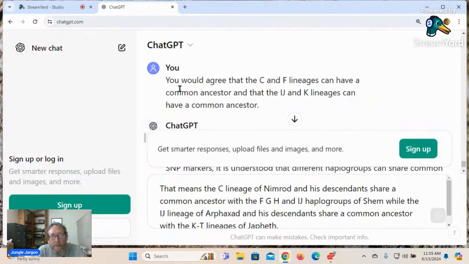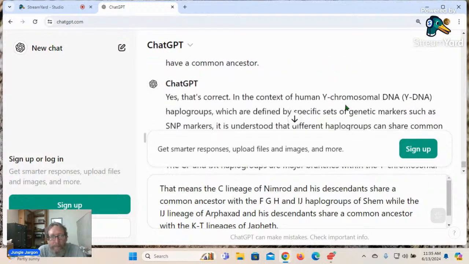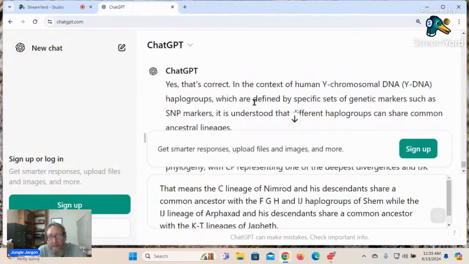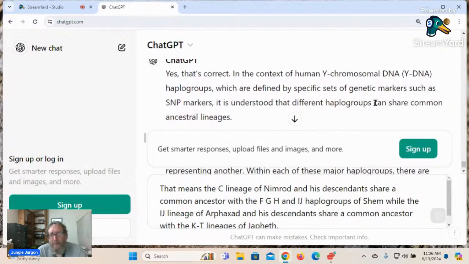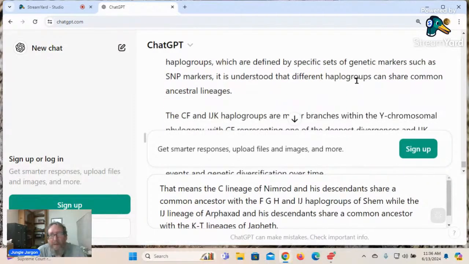Okay. So you would agree that the C and F lineages can have a common ancestor and that the I, J, and K lineages can have a common ancestor. Yes, that is correct. In the context of the human Y chromosome DNA haplogroups, which are defined by specific sets of genetic markers such as SNP markers, it is understood that different haplogroups can share common ancestral lineages.